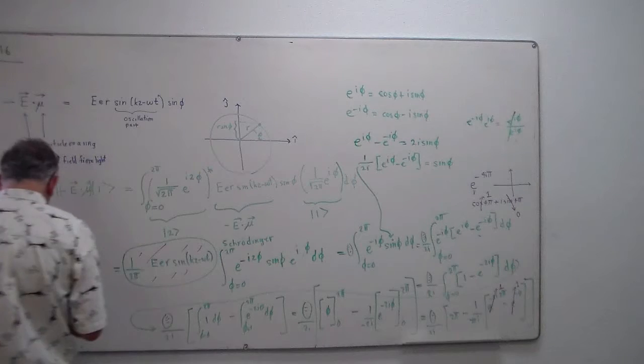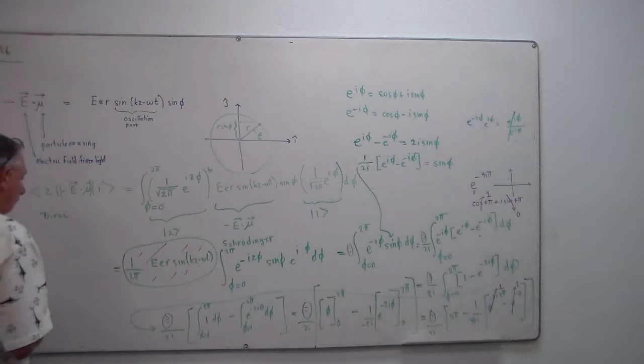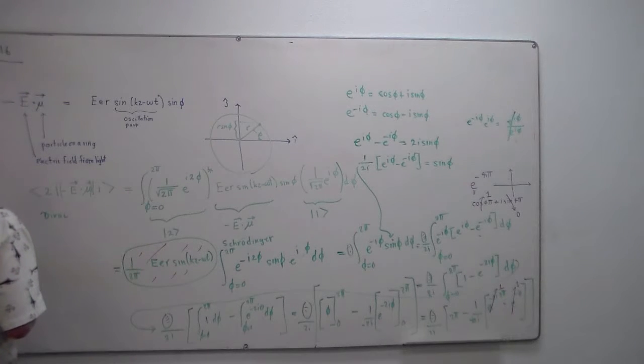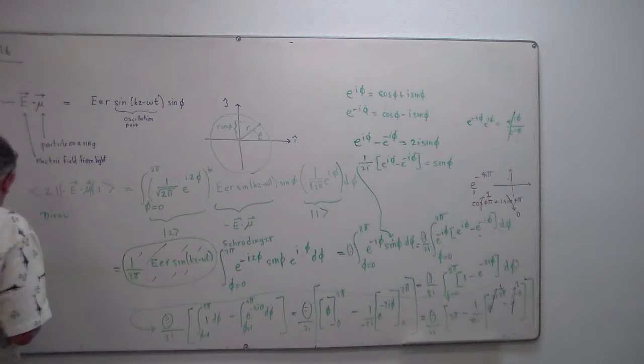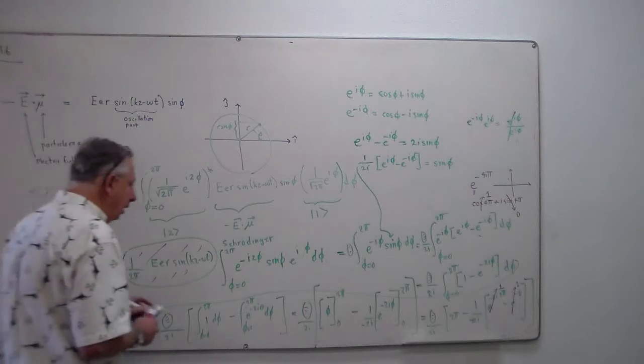And now let's see if we can write down all the pieces. 1 over 2 pi, big E, little e, r sine kz minus omega t. There's all that.